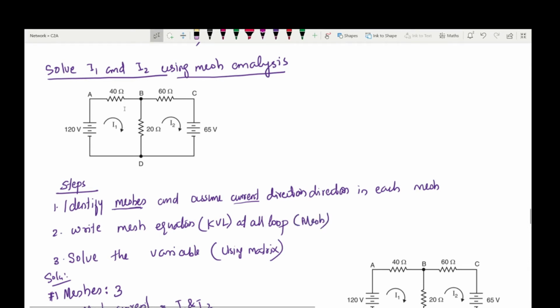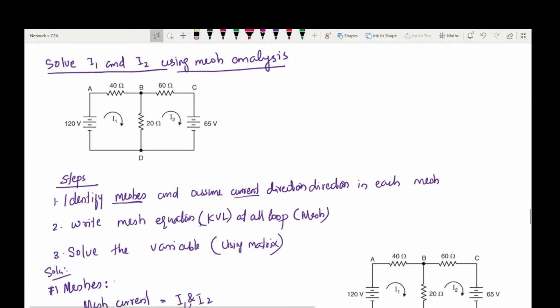In mesh 1, you obtain one equation in terms of the variables I1 and I2. In mesh 2, you obtain another equation in terms of I1 and I2. These are simultaneous equations. You can solve them by the matrix method, as I mentioned earlier.